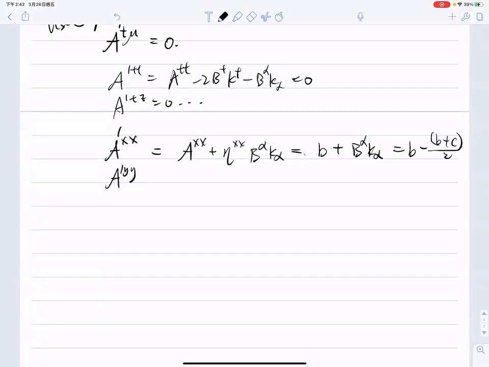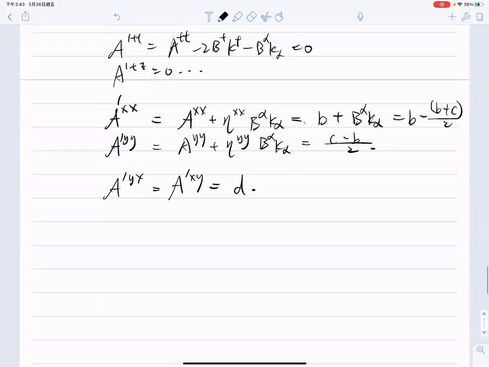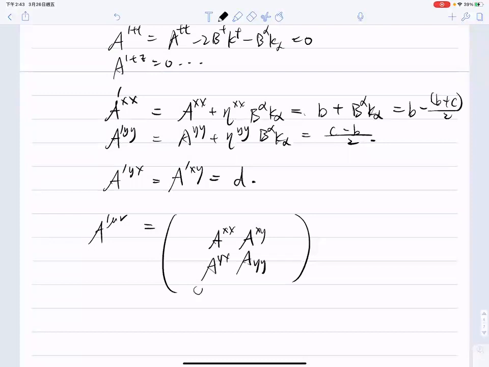And A_YY is just A_YY plus eta_YY B alpha K, which is equal to C minus B over 2. And then you can put all the mathematics inside and finally we know it is A_XX, A_XY, A_YX, and A_YY. And all the other components are equal to 0.